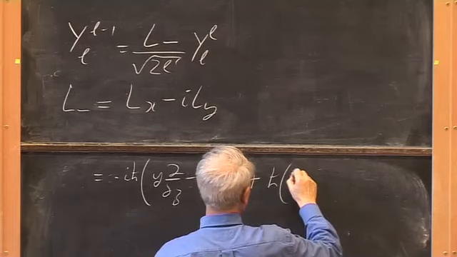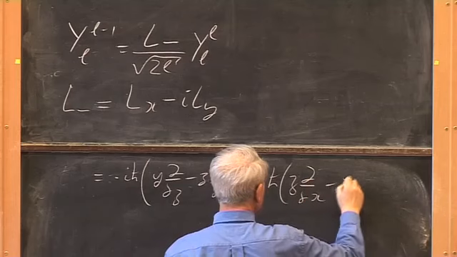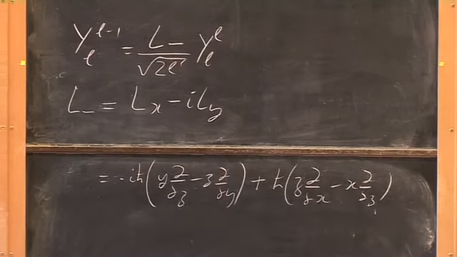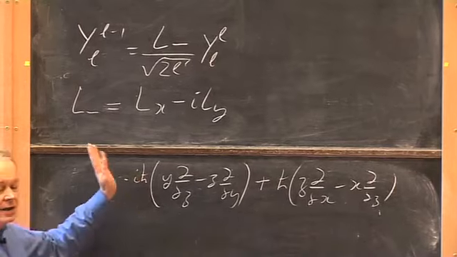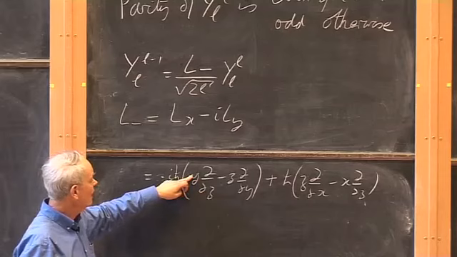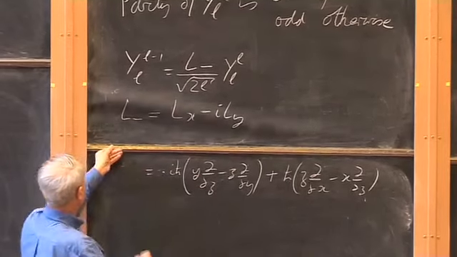It doesn't much matter. The key thing is that we're going to have z d by dx minus x d by dz. And when we change x to minus x, y to minus y, and z to minus z, we get a change of sign here, here, here, and there.